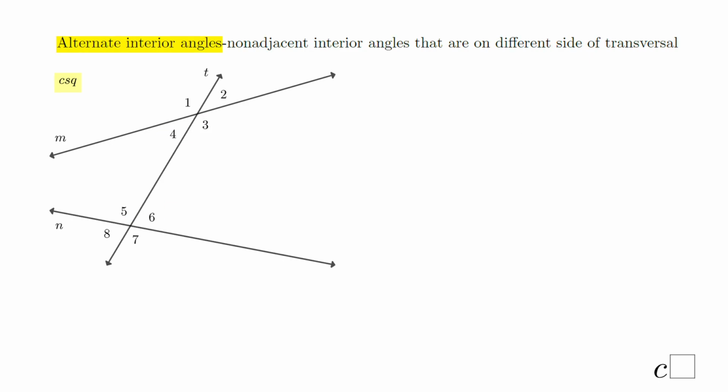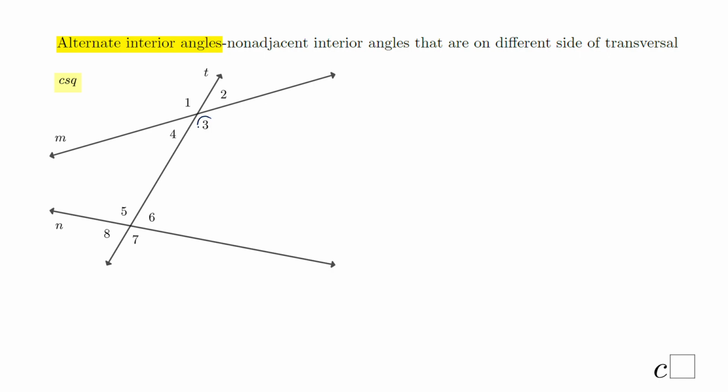My next type of angles are what we call alternate interior angles, which are non-adjacent, so they are not one next to the other, interior angles that are on different sides of the transversal. So which ones are interior angles? If you remember, again, 3, 4, 5 and 6, but we want non-adjacent.